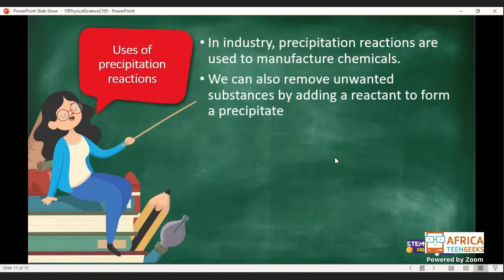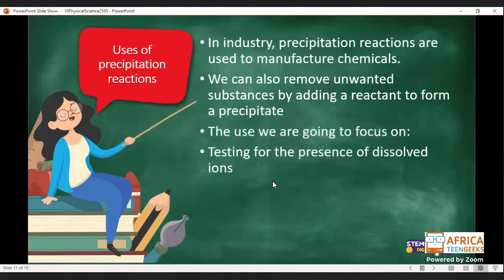Now, the big thing we use precipitation reactions for in grade 10 is testing for the presence of dissolved ions. Now, the reason we do that, guys: sodium chloride, nondescript white crystal. Potassium chloride, nondescript white crystal.